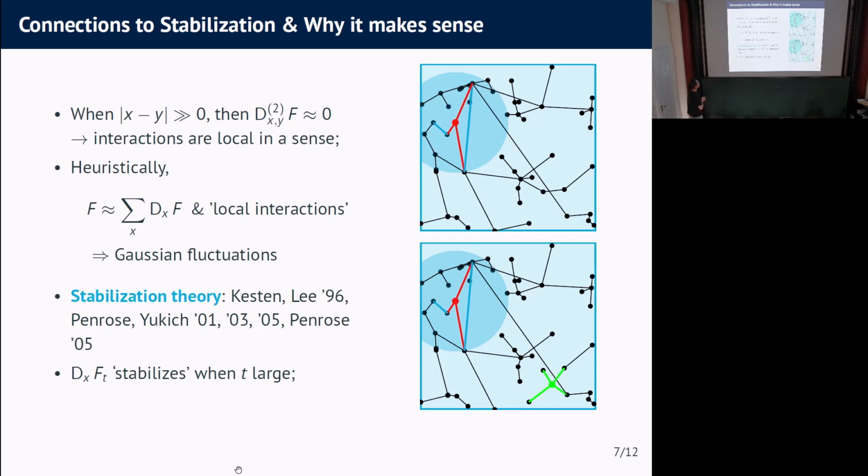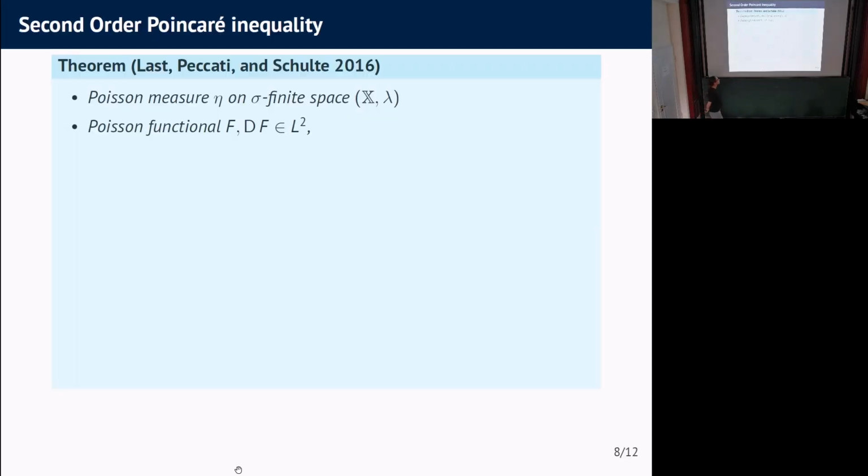Right, okay. So with this, let me introduce some results. We now have to make this heuristic precise, and we use the Malliavin-Stein method for this. This is a result by Lachièze-Rey and Peccati and Schulte from 2016, which has a very general setup. We start with a very general Poisson measure on some sigma-finite space X with a measure lambda.